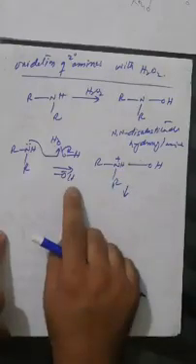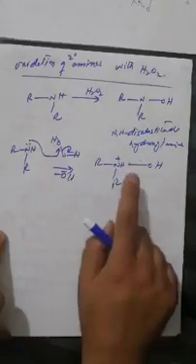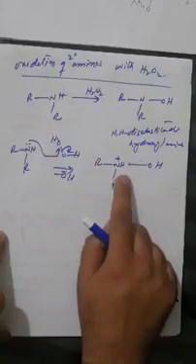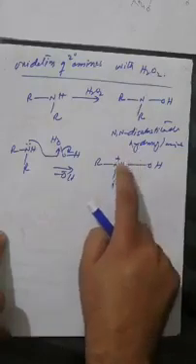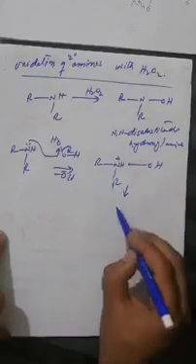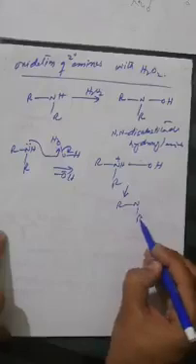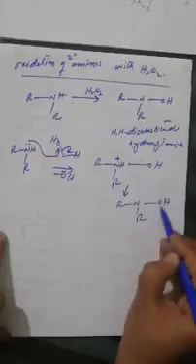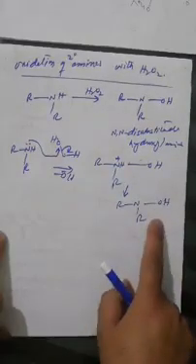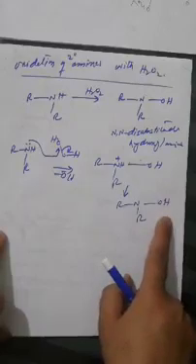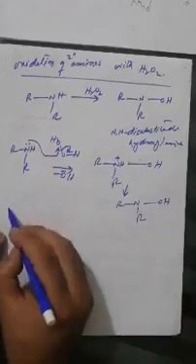The hydroxide which left the system will abstract this hydrogen, so deprotonation will occur and nitrogen will be neutralized after abstraction of the hydrogen. So the final product is the hydroxylamine.